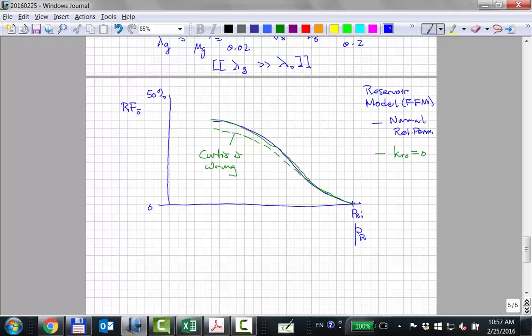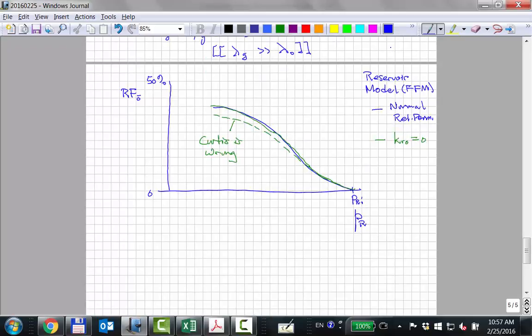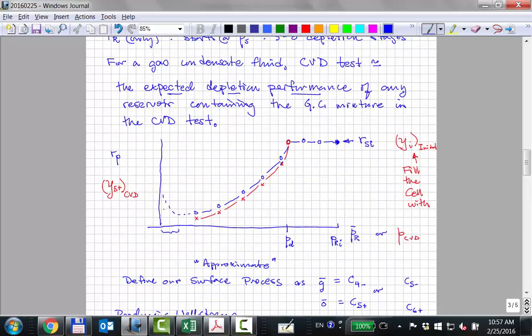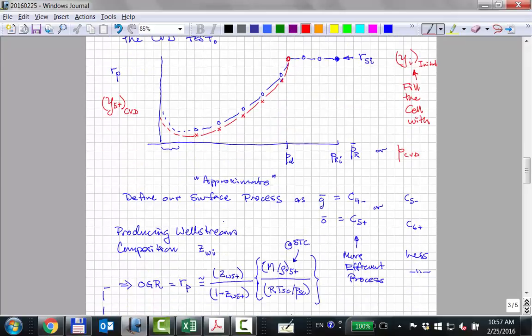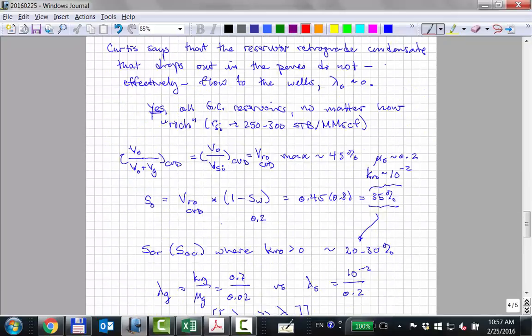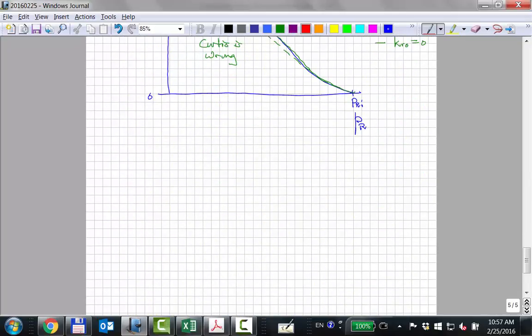What is the reason for the increase in RP in the curve at very low pressure? The question is why the curve would go something like that. It has to do with the K values. Remember the K values versus pressure?